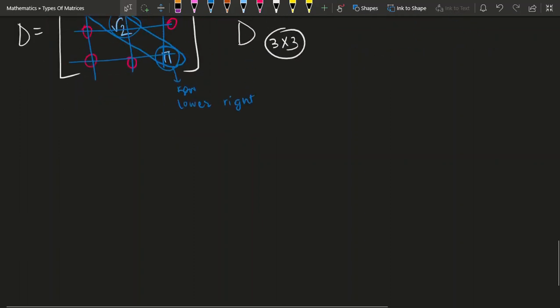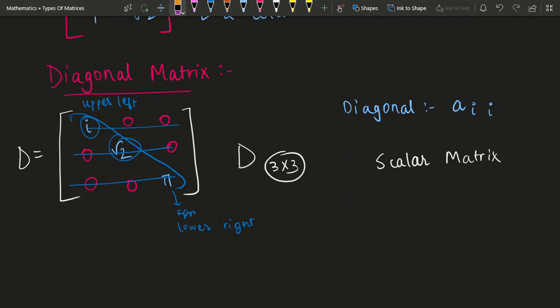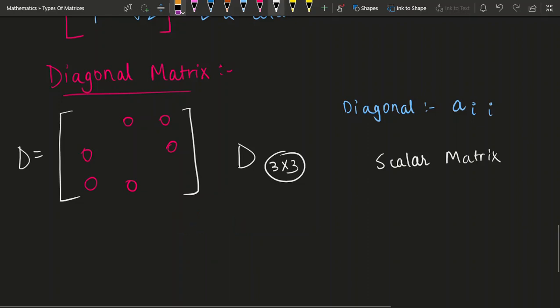We also have something that's called a scalar matrix. A scalar matrix is sort of an extension of the diagonal matrix. You still have the diagonal matrix, nothing changes about that. But instead of having different entries in the diagonal, you have all the entries equal to a single number.